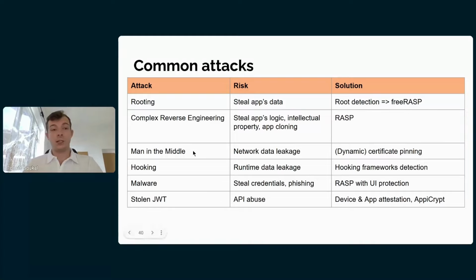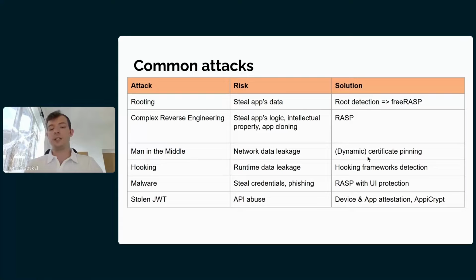For an attack like man in the middle, you may equip your application with certificate pinning to prevent data leakage via the network layer. There are again various solutions that are commercial or already available in your mobile framework. The difference is usually that the defaults provided by Android or Cordova or Flutter or other mobile frameworks are static, and that creates a lot of issues during the life cycle of the application.